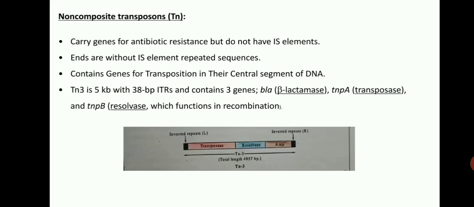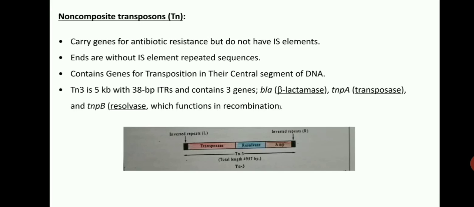These non-composite transposons are without IS elements, but they have inverted repeats at both ends like IS elements. So they differ from IS elements in being longer and having genes for drug resistance. Otherwise the structure is the same.